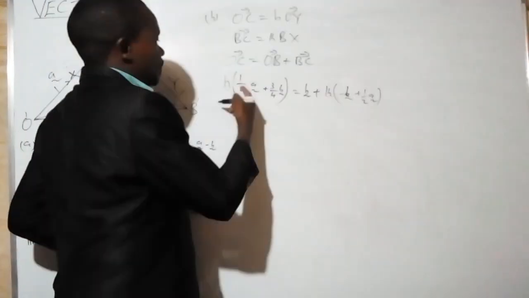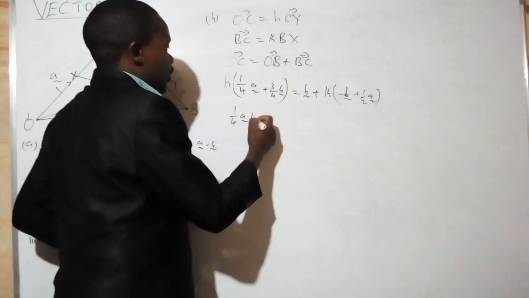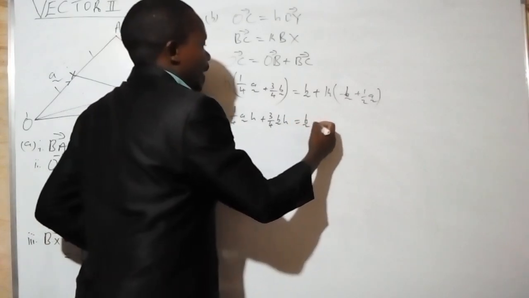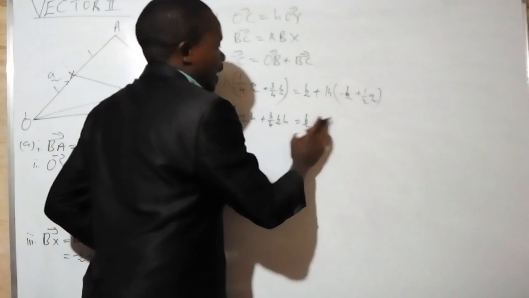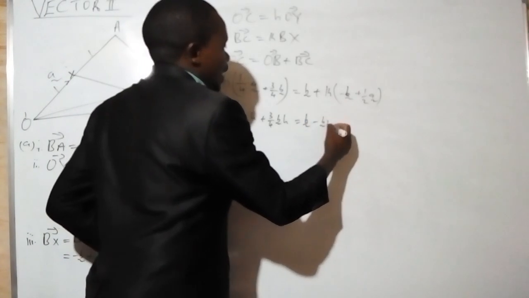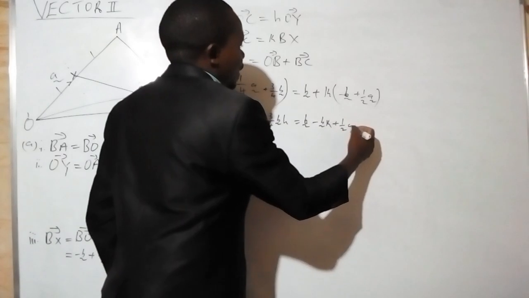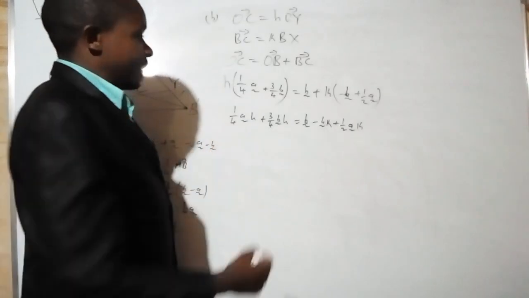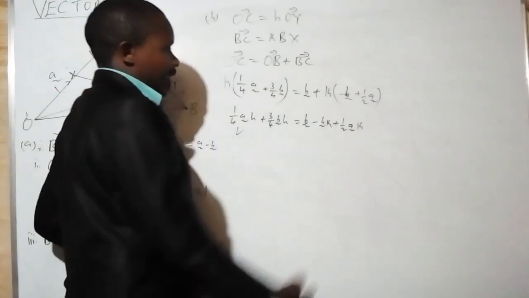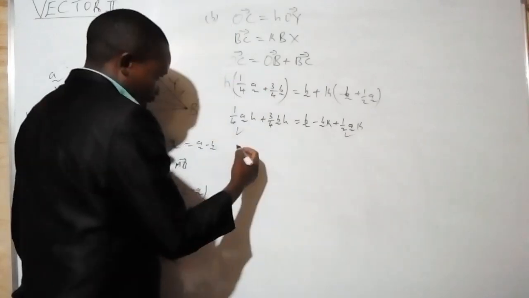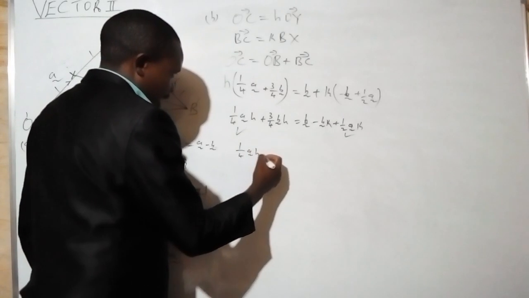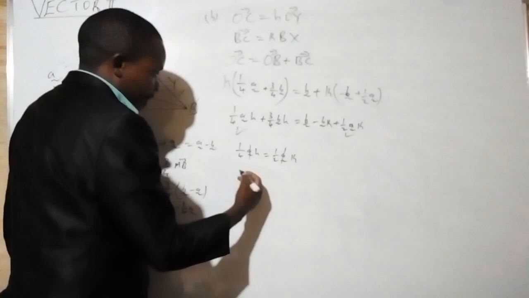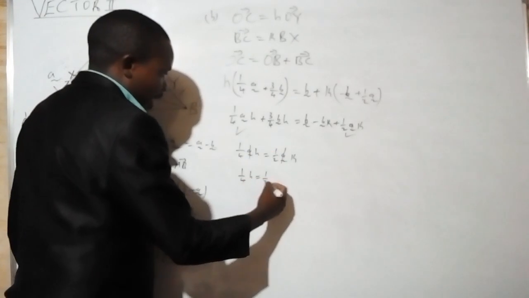Then after that, you can open the brackets. A quarter vector A H plus 3 over 4 vector B H is equal to vector B plus, here we are supposed to have a negative vector B K plus a half vector A K. That being the case, we can pick where we have vectors A. Here I can see A, there I can see A. We are going to say a quarter vector A H is equal to a half vector A K. You can drop vector A and vector A, and a quarter H is equal to a half K. LCM of 4 and 2 is 4.